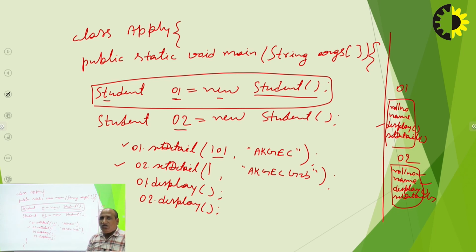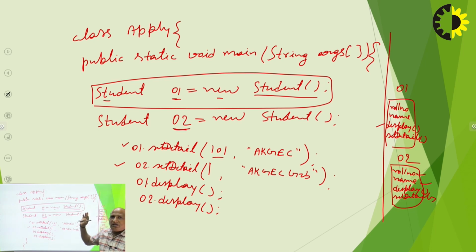I have told you that an object is the instance of the class, and here you have created the instances O1 and O2. Once you create the instances, they contain the members of the class, and by those object names you can call those functions with the dot operator.